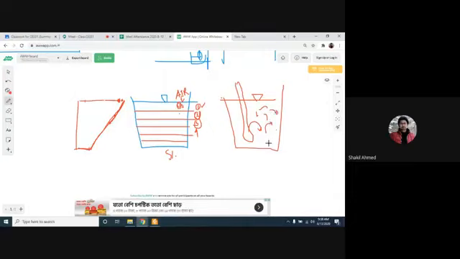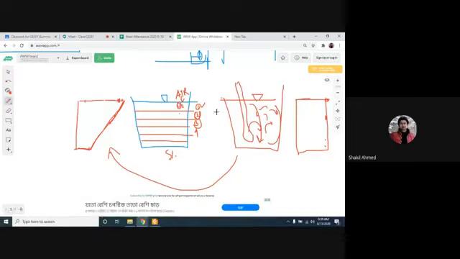This layer will come here, and that layer will go there, so there will be continuous vigorous mixing, and thereby this gradient will not be present because now they are well mixed. So oxygen concentration here will be almost similar to there. That's how you increase the aeration, by mixing them.